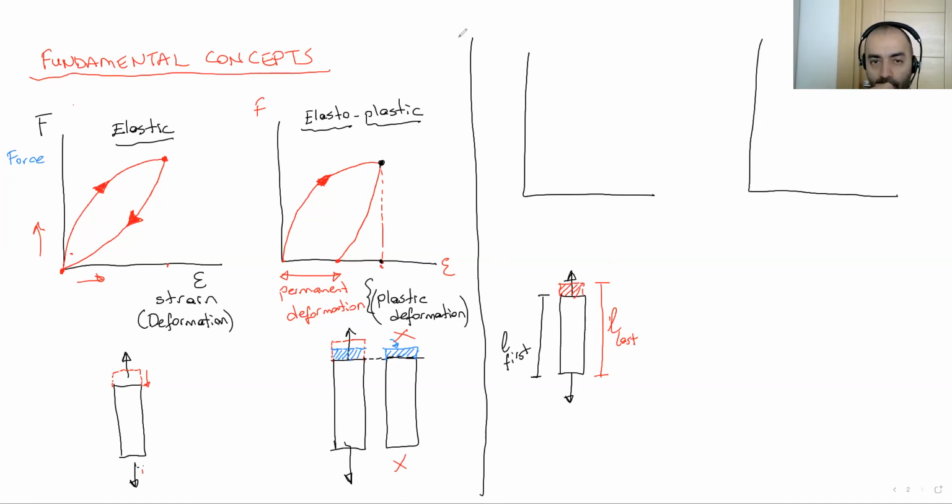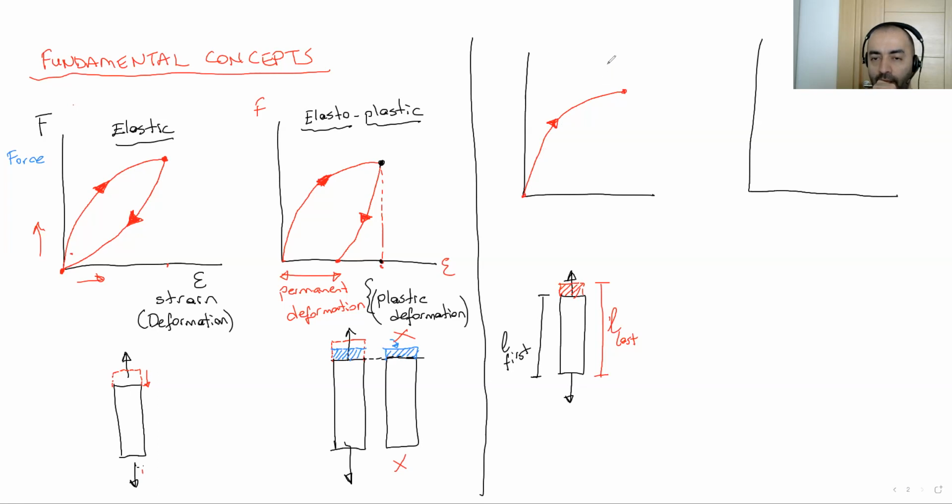Okay, let's draw the curve from this origin point. We increased load. Okay, we are now here. By the way, let me add the arrow here. Okay, we are at this point.